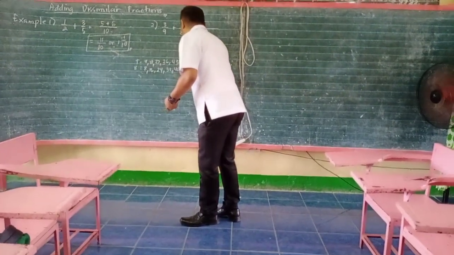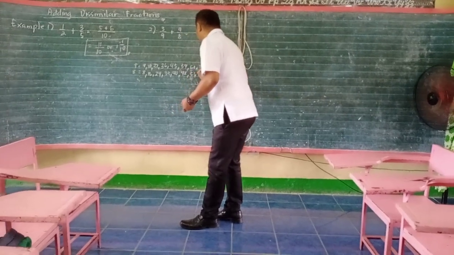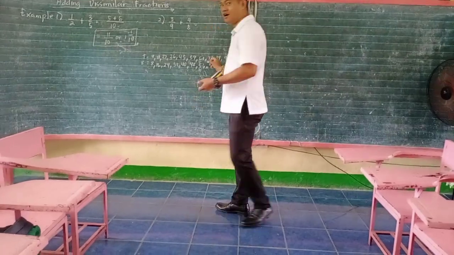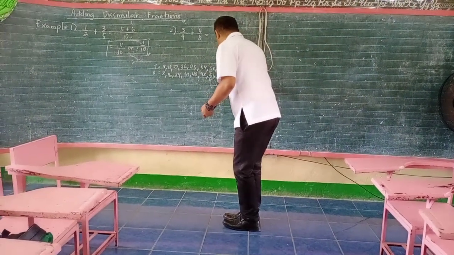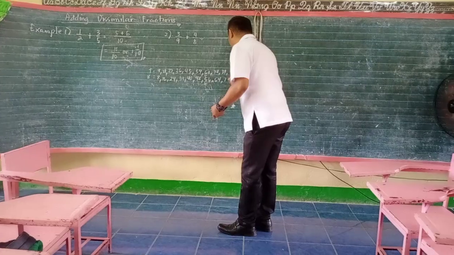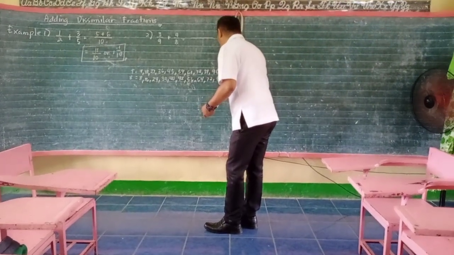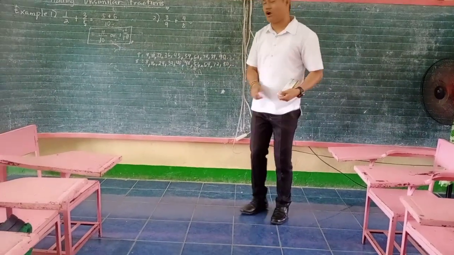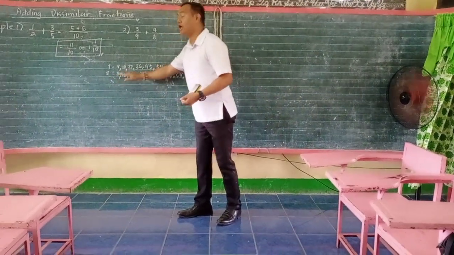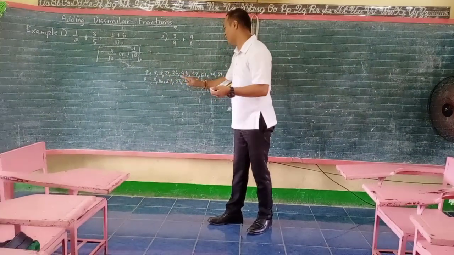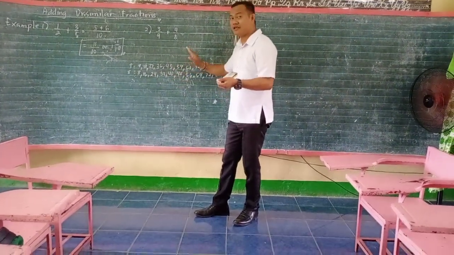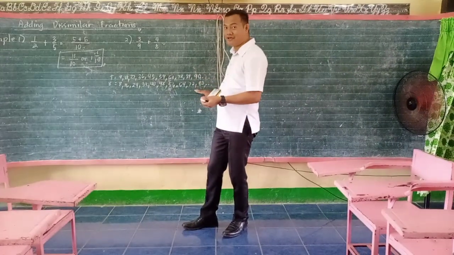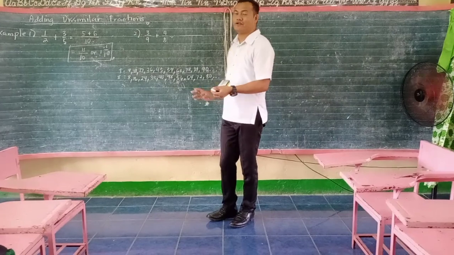We have 8, 16, 24, 32, 40, 48, 56, 64, 72, and 80, and so on. So the multiples of 8 are 8, 16, 24, 32, 40, 48, 56, 64, 72, and 80, and so on.